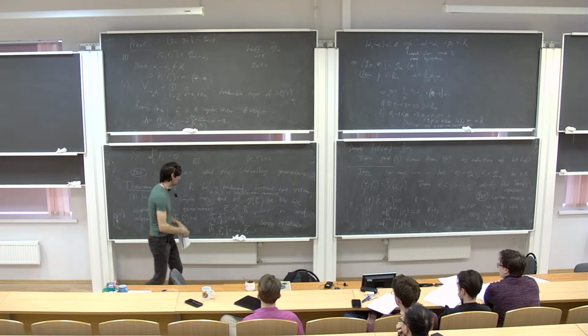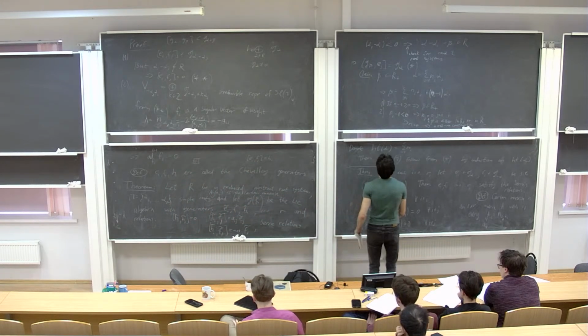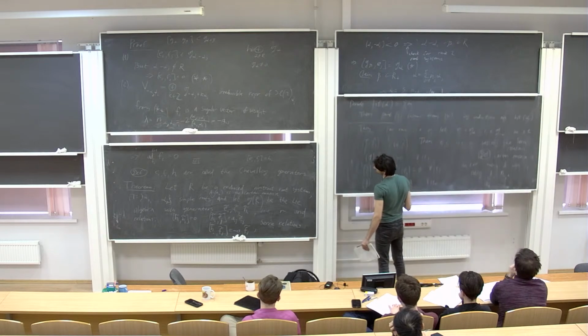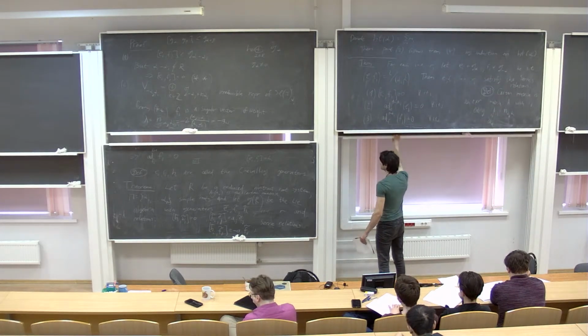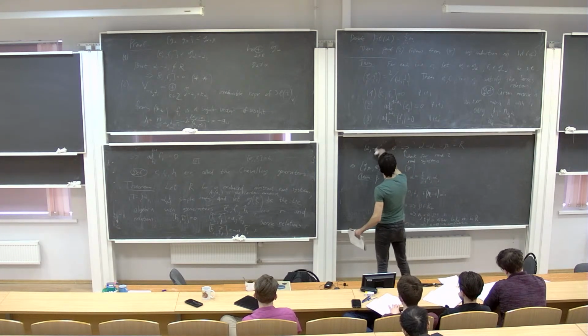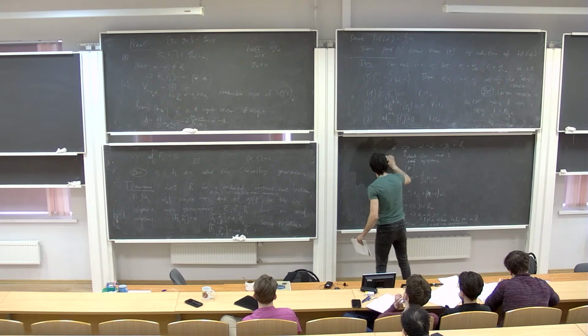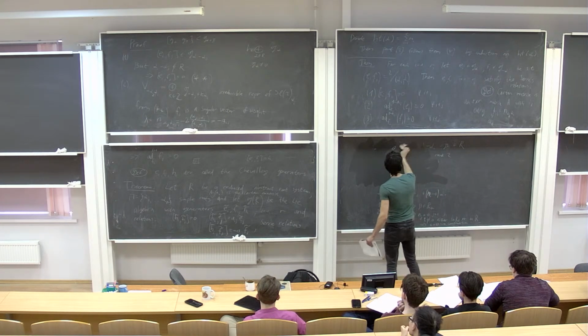Okay, so the statement is that then this algebra is semi-simple. Is it actually obvious that this is a Lie algebra?